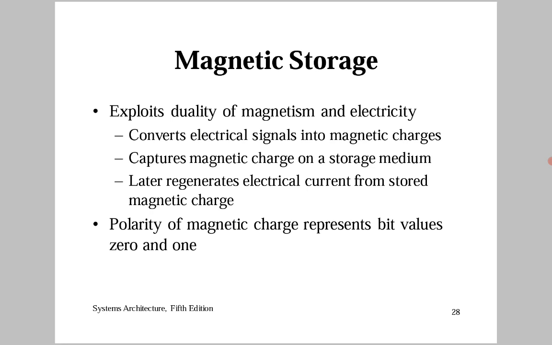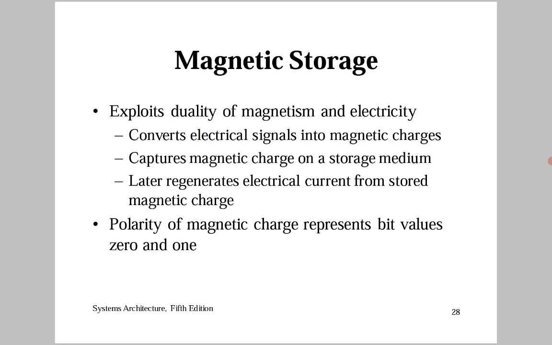What are magnetic storage devices? They are also called secondary storage devices or auxiliary storage devices. They exploit the duality of magnetism and electricity. Generally these devices are coated with some magnetic media to store data.